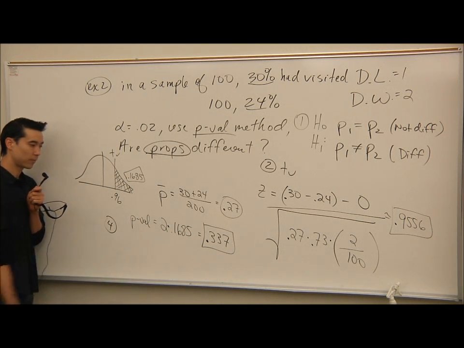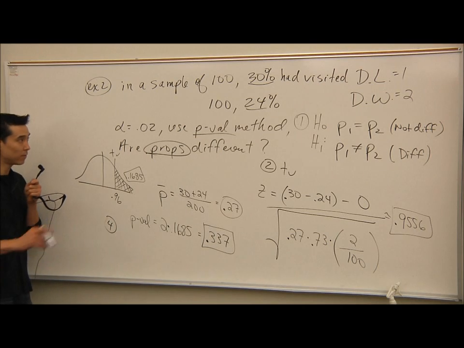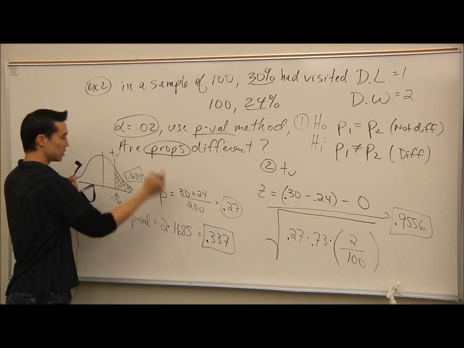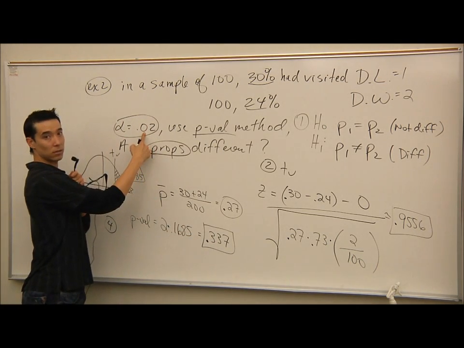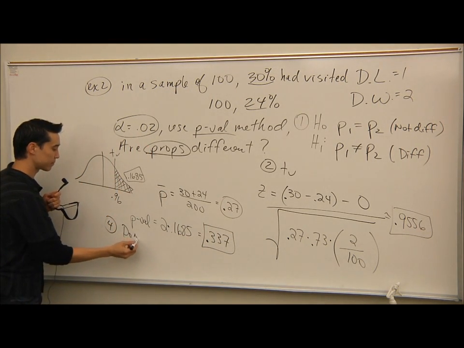Step 4. If your p-value is small, you reject H0, okay? More specifically, if your p-value is less than or equal to alpha, alpha is 0.02. Is this number smaller than 0.02? No, not at all, okay? So do not reject H0.